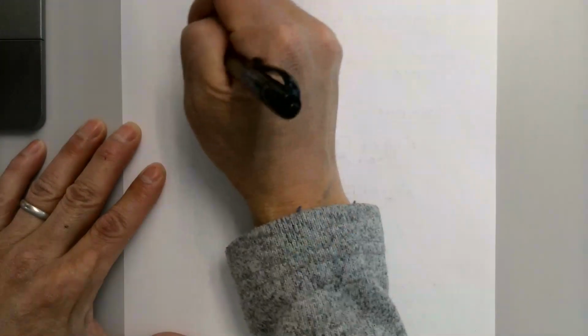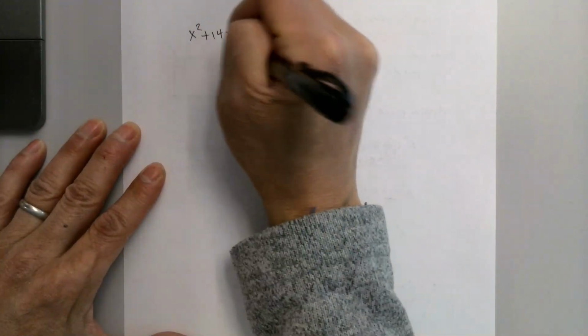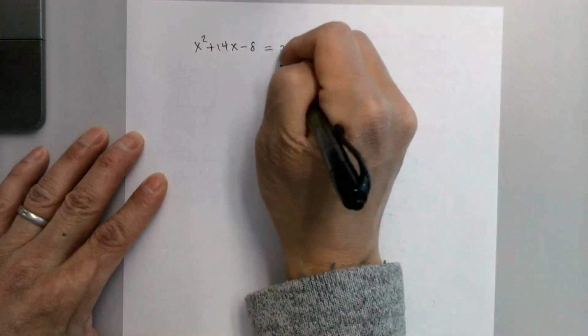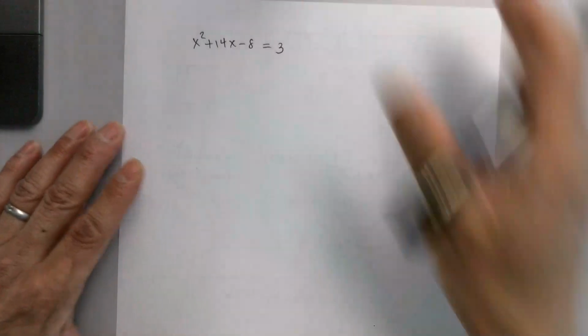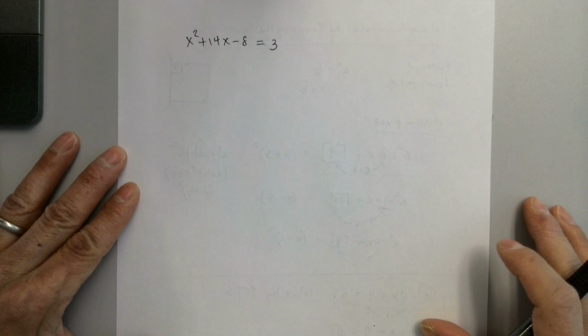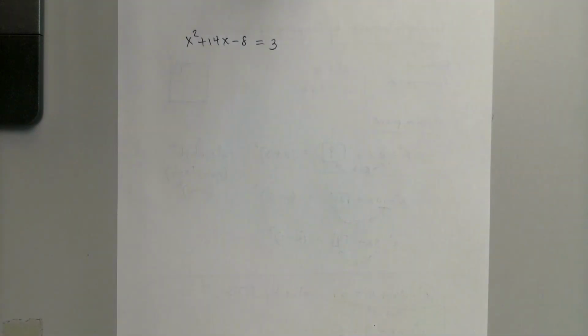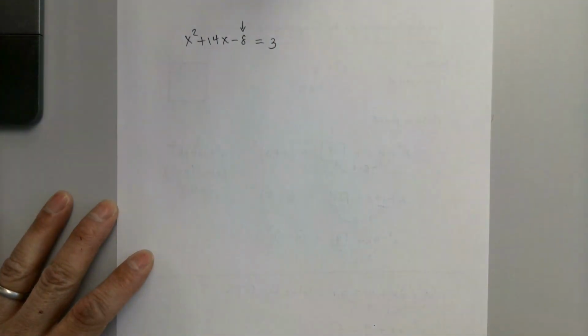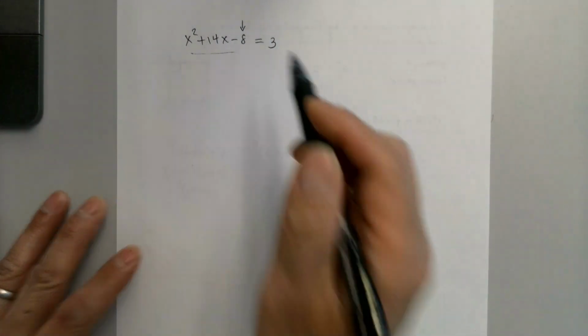Now here's a slightly different situation. Again, we have a trinomial, but this time the other side is not 0. Okay, first thing we need to do is we need to figure out what is this number supposed to be to make this a perfect square.